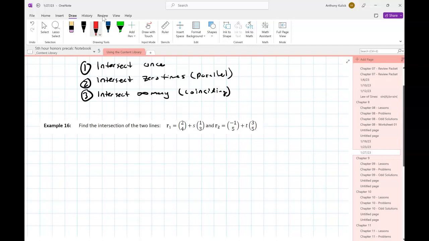But if we want to find that point of intersection, what would be the obvious thing to do? You could convert them both to slope-intercept forms and then solve the system algebraically, right? That's the obvious route. That's not what we're going to do.